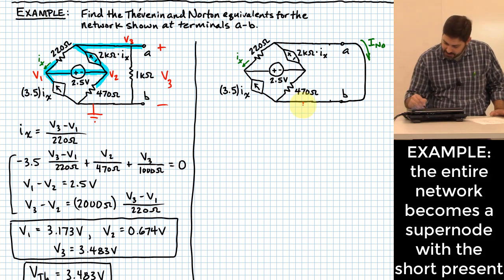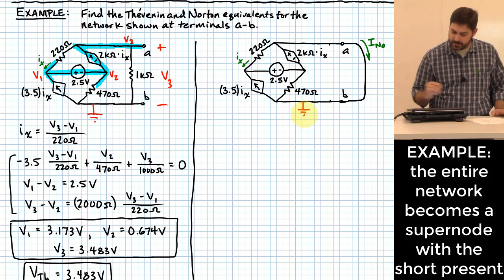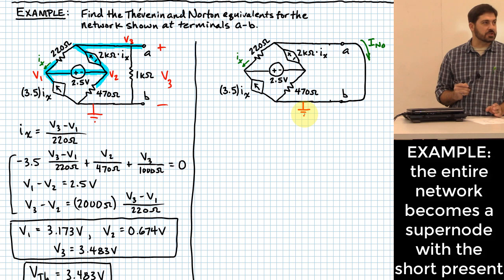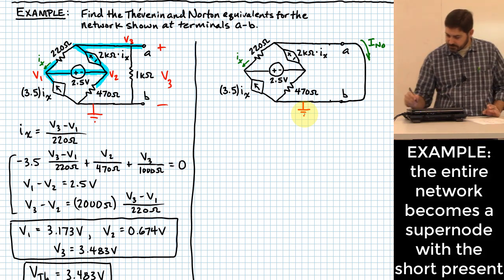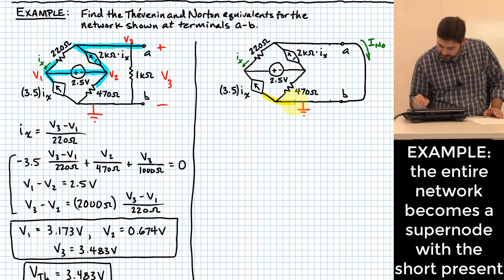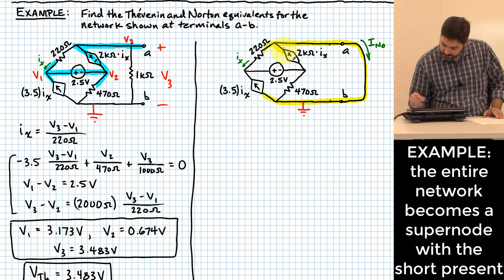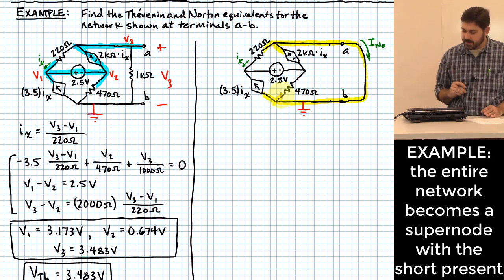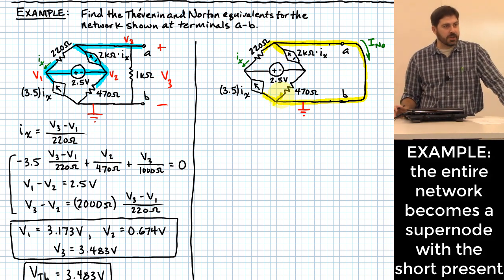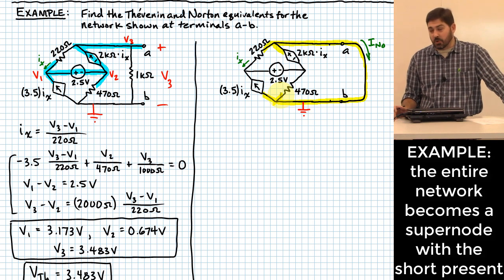Like on the last one I said, let's make this my ground node. Let's trace my ground node. It's all of this, all the way up to here. Now let's trace the ground node, keeping in mind that we're also going to use the supernode technique.